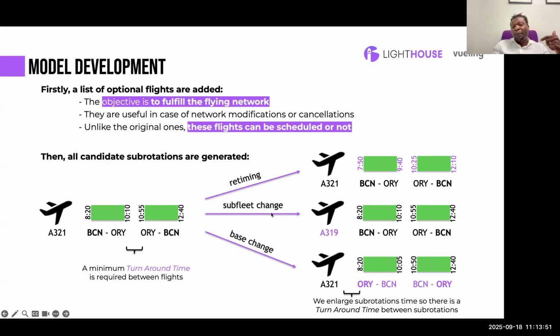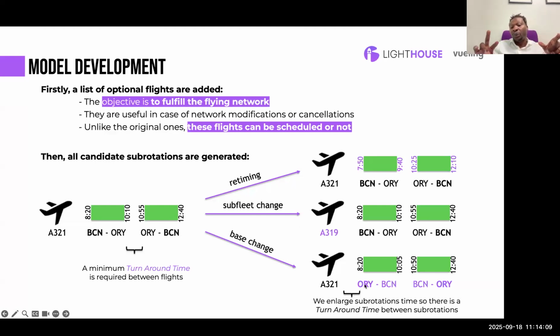Another operation we can do over the rotation is the subfleet change, so we can change the plane that performs this flight, or we can also change the base.